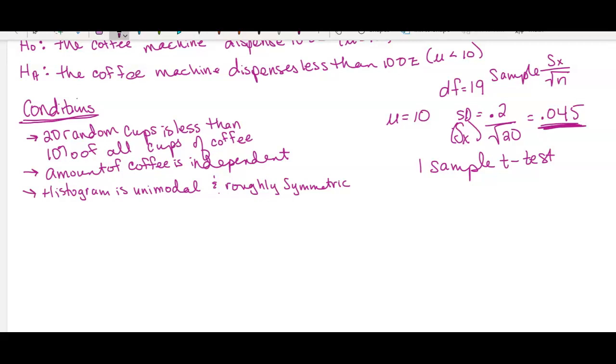Now what we're going to do is our calculations. When we do a t-test, you have to do it based off 0. I need to find out what my sample mean is, and we can find our sample mean from our calculator.